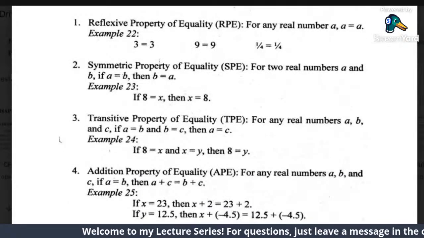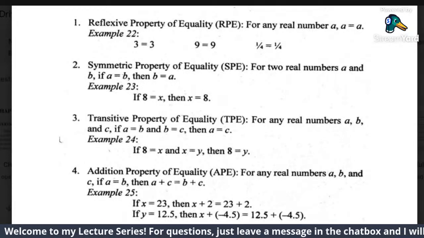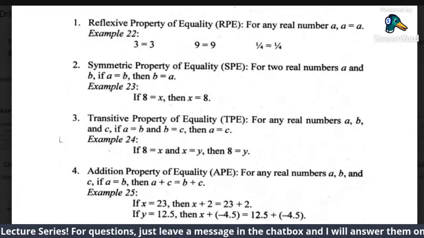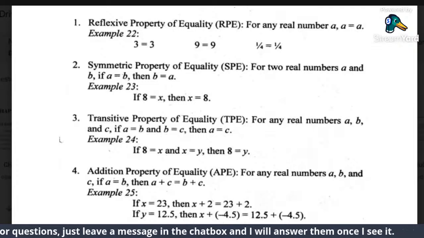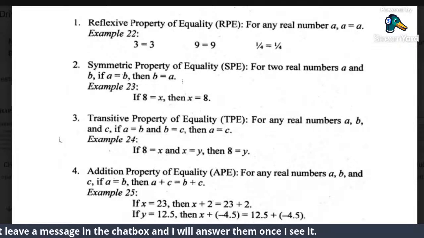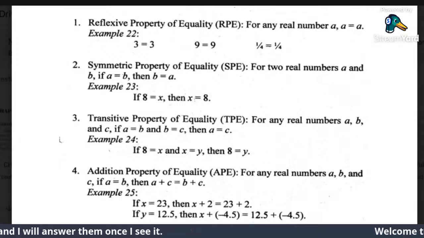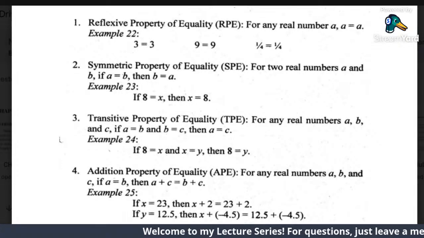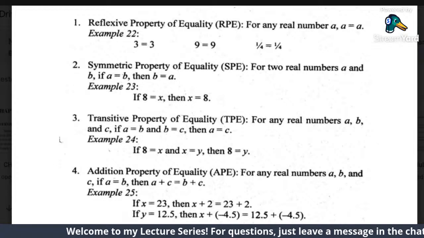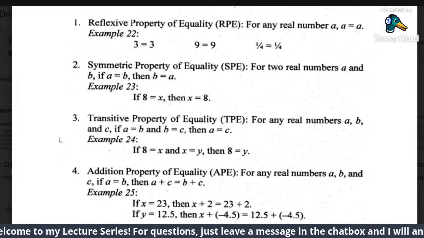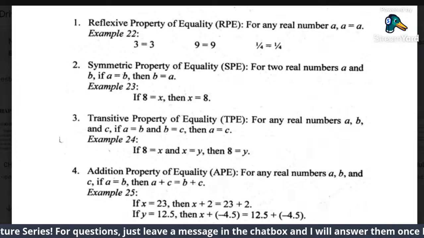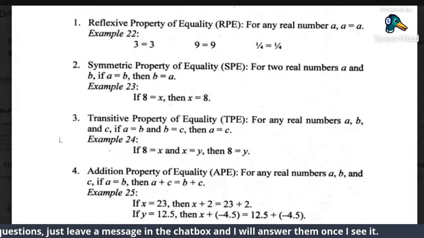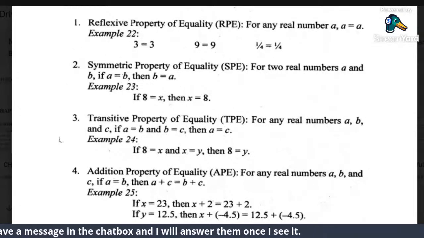And then we also have the symmetric property of equality, or the SPE. For two real numbers a and b, if a is equal to b, then b is equal to a. For example, if 8 is equal to x, then x is also equal to 8. Say when you are solving for the value of a certain number, like x, and your final answer is 2 is equal to x, that is still correct, right?